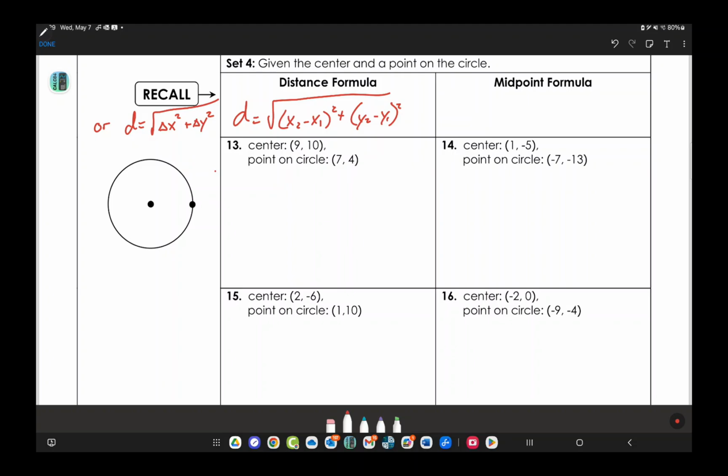Just like for slope, we have y2 minus y1 over x2 minus x1, or delta y over delta x. Anytime you have x minus x, y minus y, that's just the change in x and the change in y.